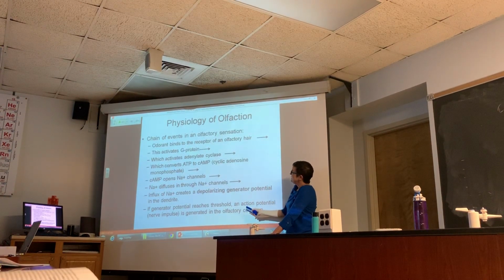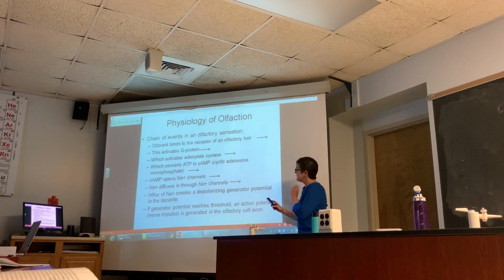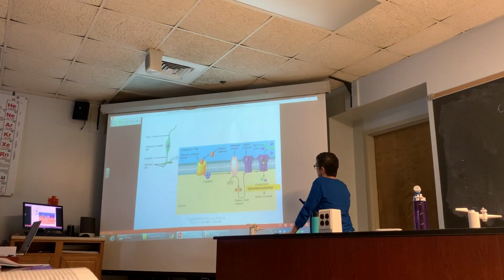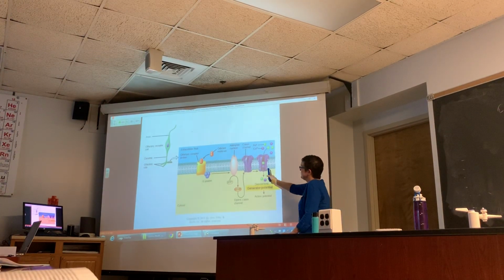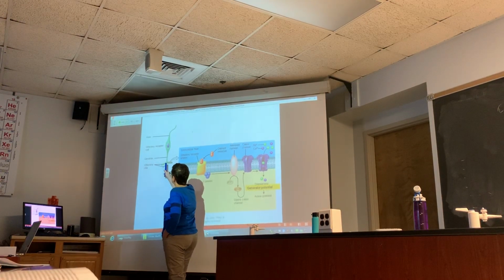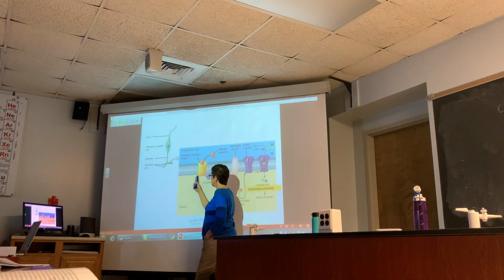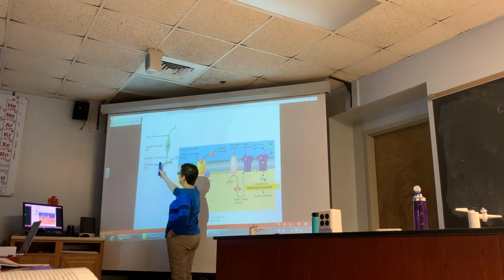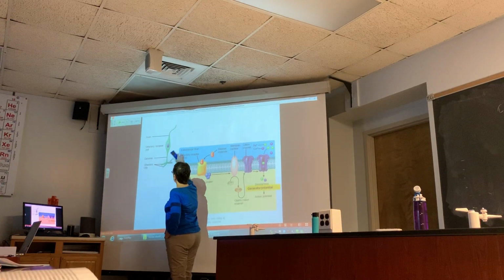Now, the physiology of olfaction. I'm going to go through this in a picture format, but it's all written out for you here. So let's look at the picture. The picture I'm going to show you, which is basically this one here, just enlarged, is happening in the plasma membrane and cytoplasm of the olfactory cilia. So the blue is outside.